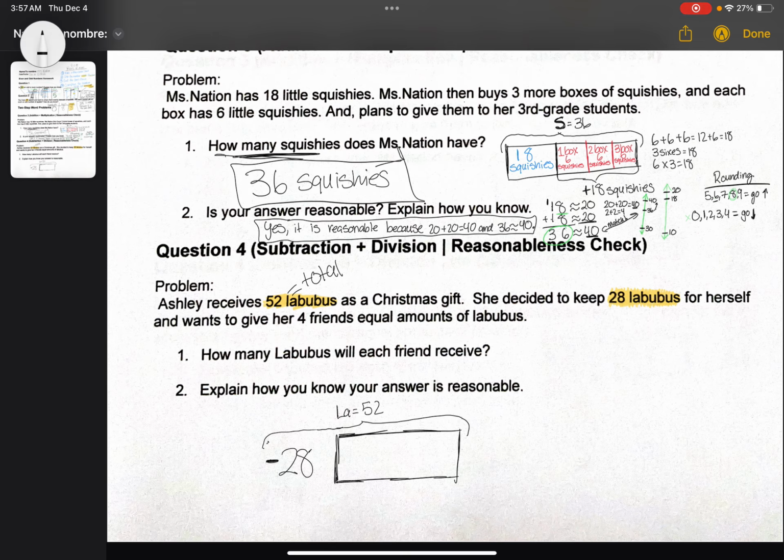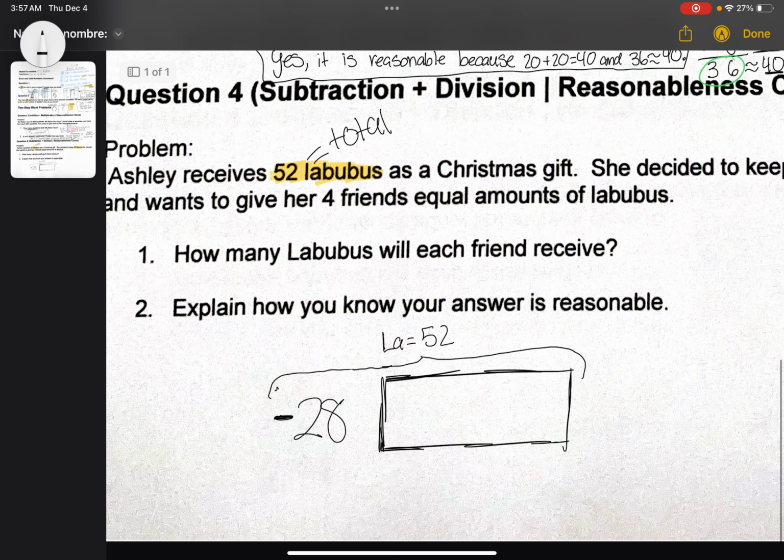And we want to figure out how many Labubus she's giving away first. The side that's our rectangle, this side here, will be how many Labubus she will give away.